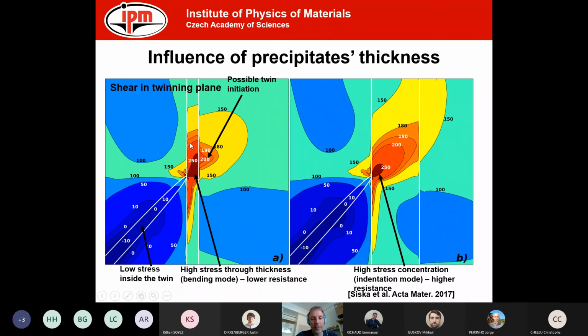So what you can see, if you have a thin precipitate and thick precipitates, the stresses inside are quite different.